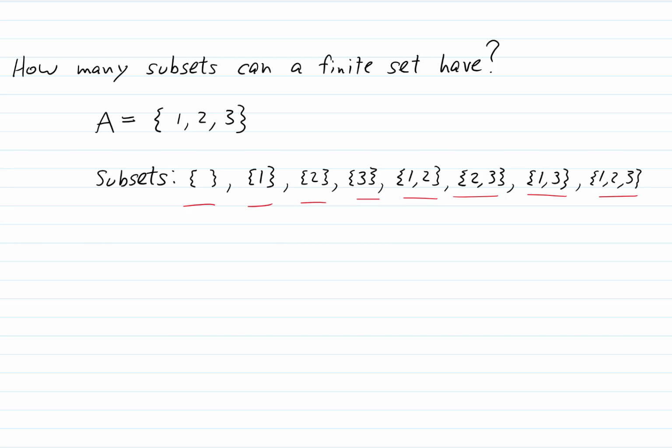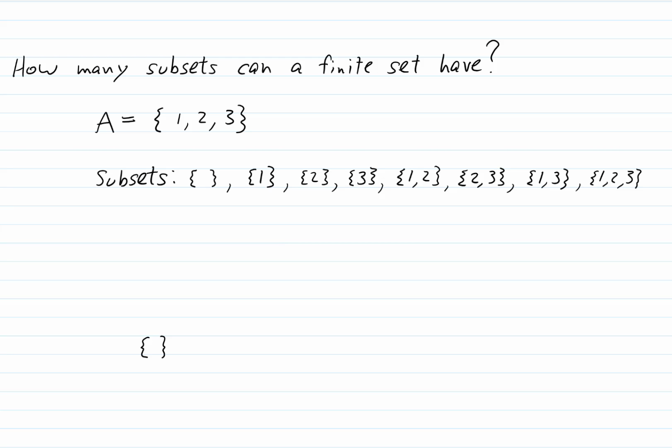Well, how about if we went about it this way? Let's be very systematic about this. Let's draw what some people call a tree diagram. Okay? What if I say, okay, I'm going to start with the empty set. And then what about if I said this?